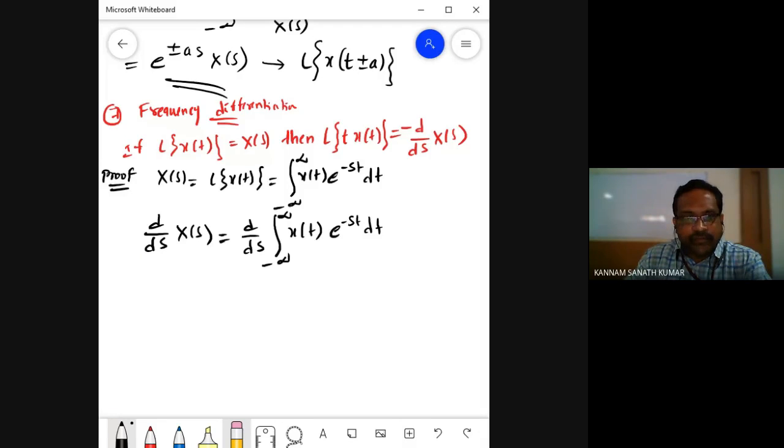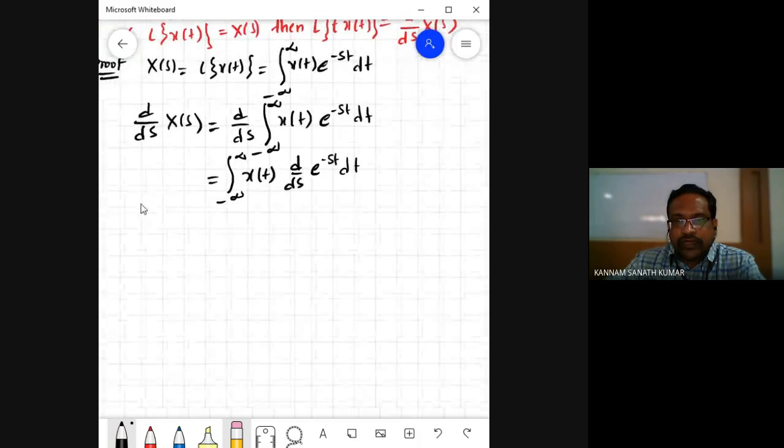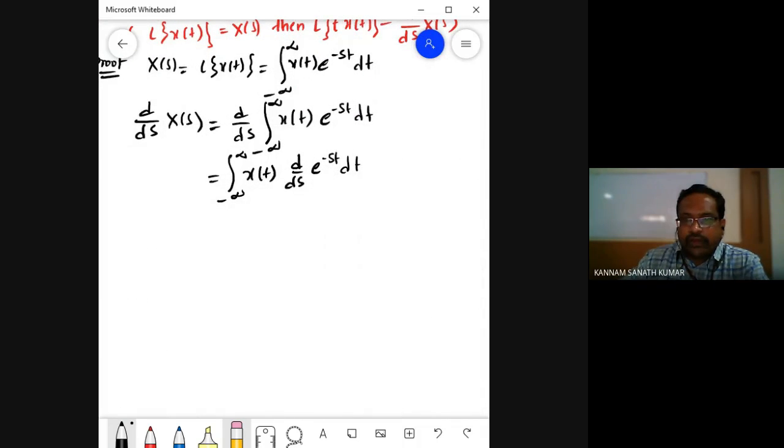Here, we have integration from minus infinity to infinity of x of t into d by ds of e power minus st dt. What is the differentiation of e power ax? It is a into e power ax.